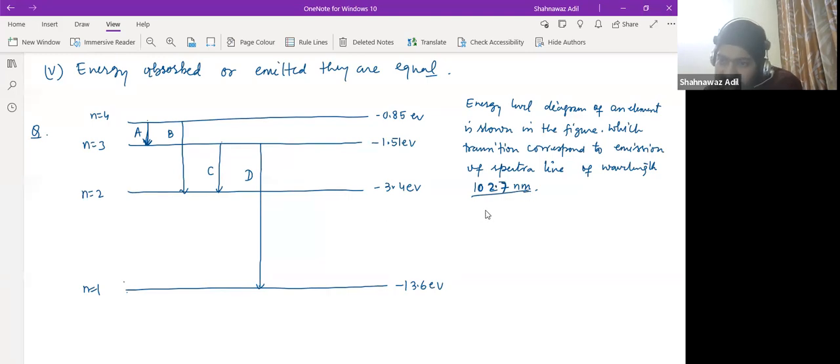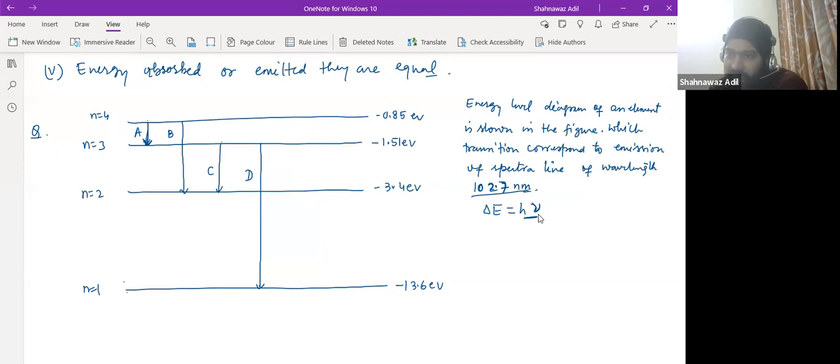So we know that the energy difference between the energy levels is h nu. So this much frequency it will emit. The energy that it will emit will have this frequency, right?